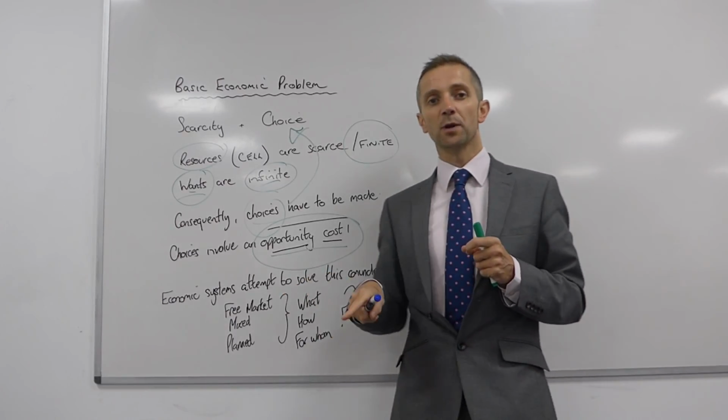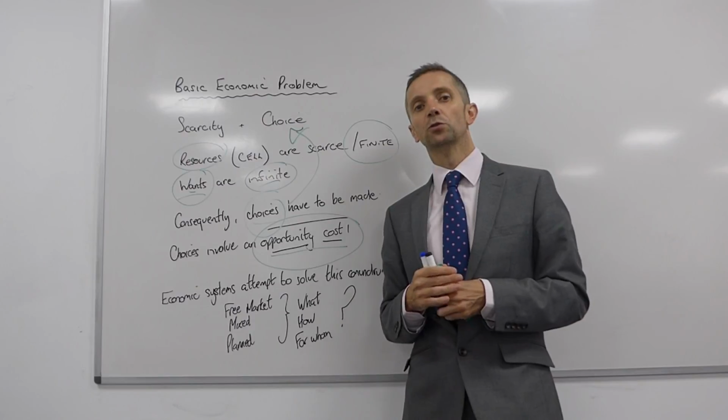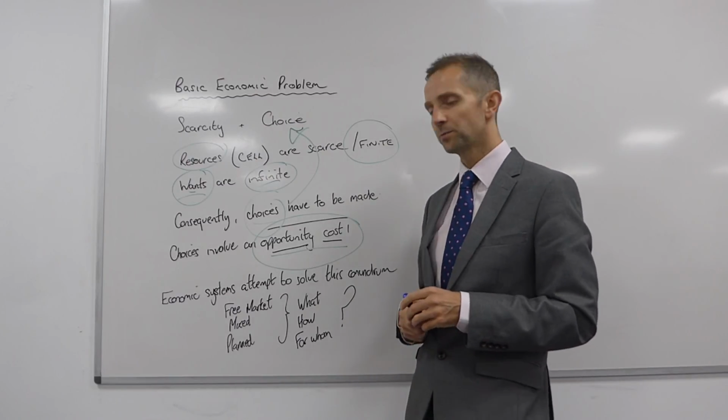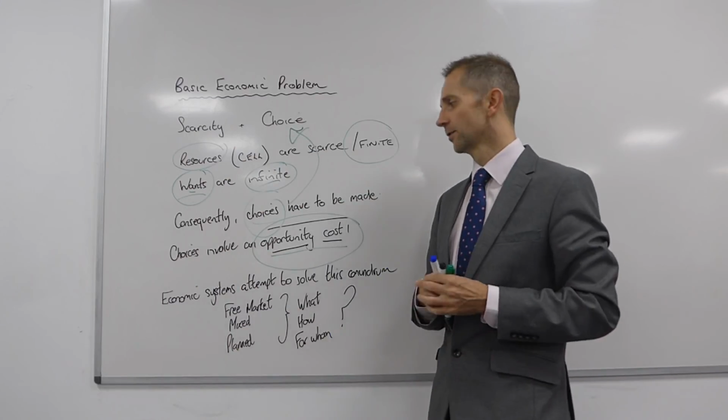If you want to know a little bit more about the what, the how, and the for whom, just Google Samuelson, US economist, 1970s, and it'll bring you up a little bit of further wider reading for that particular topic.